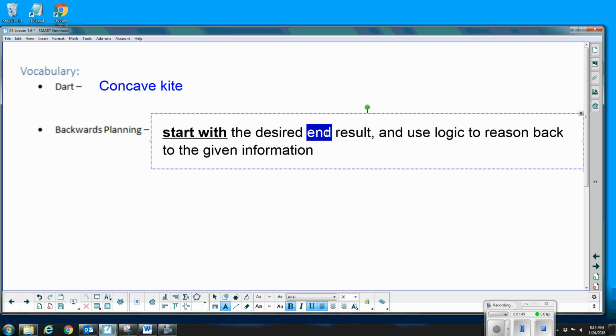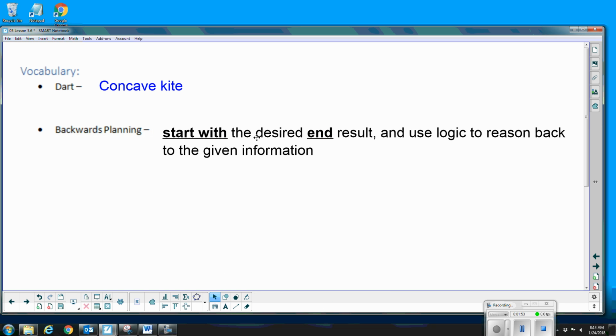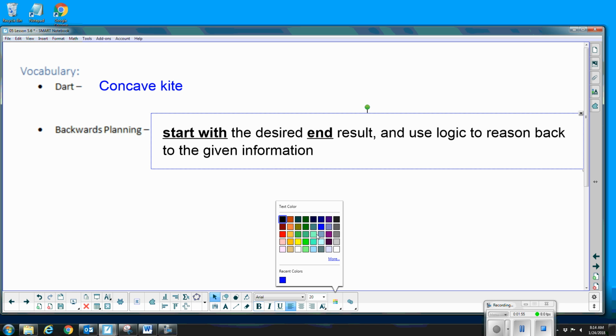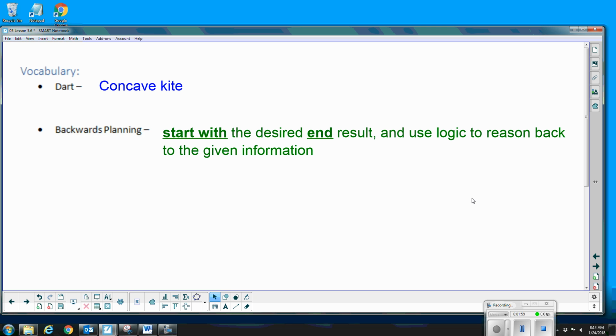So you're going to start with the end, hence the name backwards planning. And this can be a strategy that you use not just for obviously geometry, but anytime you're trying to plan something out. Even like if you think about your goals, think about where you want to be and then what kind of steps do you have to do to get there, and work backwards.